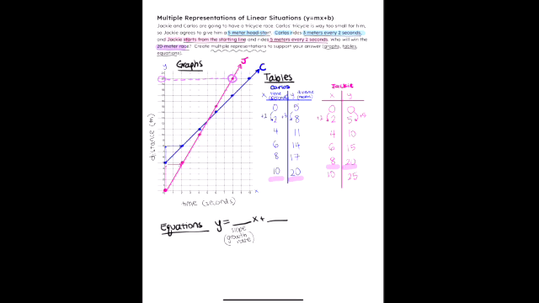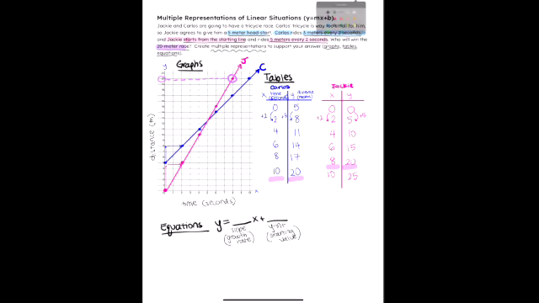And our y-intercept, b, we can think of as the starting value, or in this case, the head start. And that's going to be applicable to any y equals mx plus b type situation where you're starting at a certain place and then increasing or decreasing at a set amount.